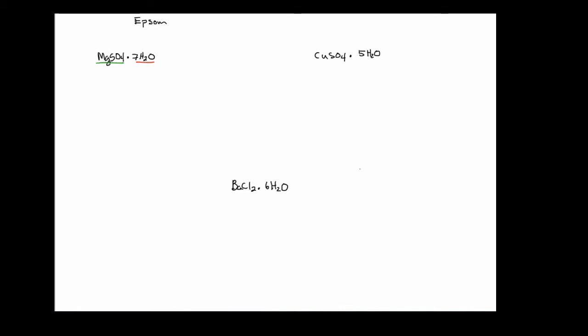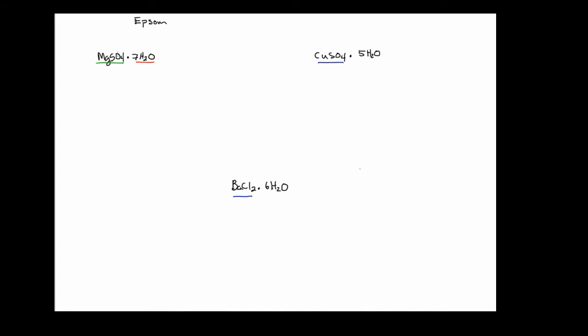So the first thing is, in terms of the naming, the naming of the ionic compounds in each of these cases is no different than what we've done before. So in other words, if the cation that's part of the ionic compound is out of group 1 or 2, or it's a triad being either zinc, aluminum, or silver, then we do not use a Roman numeral in the naming.